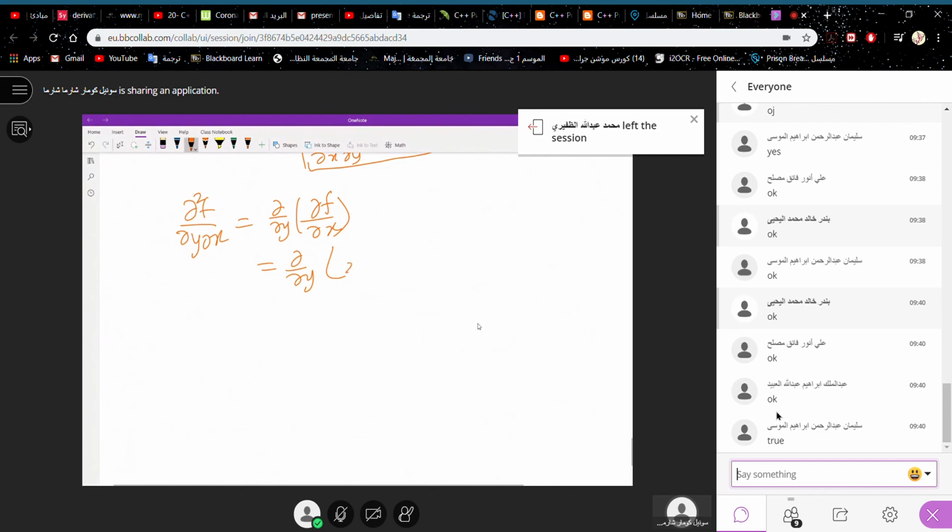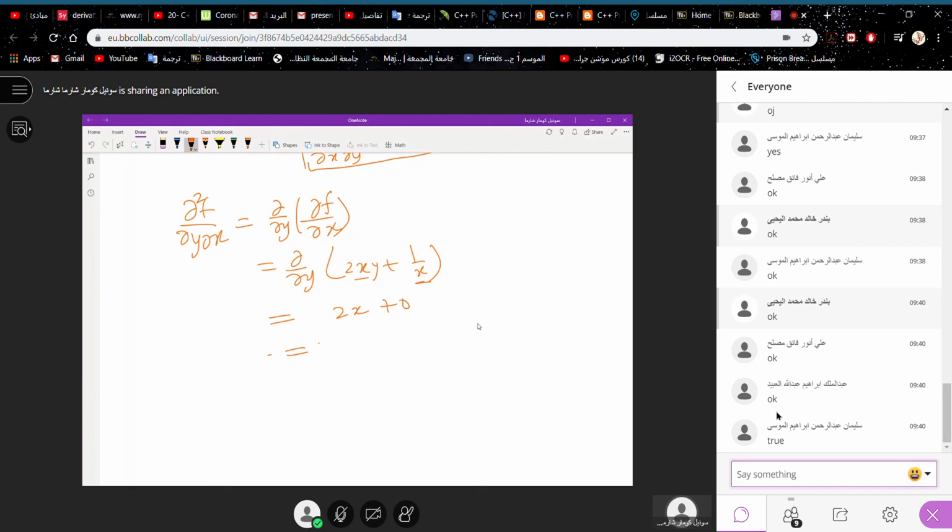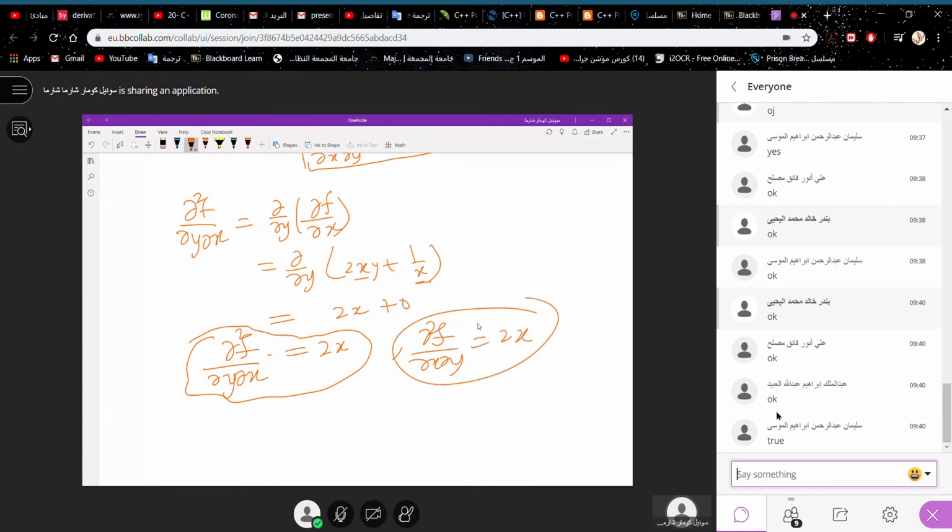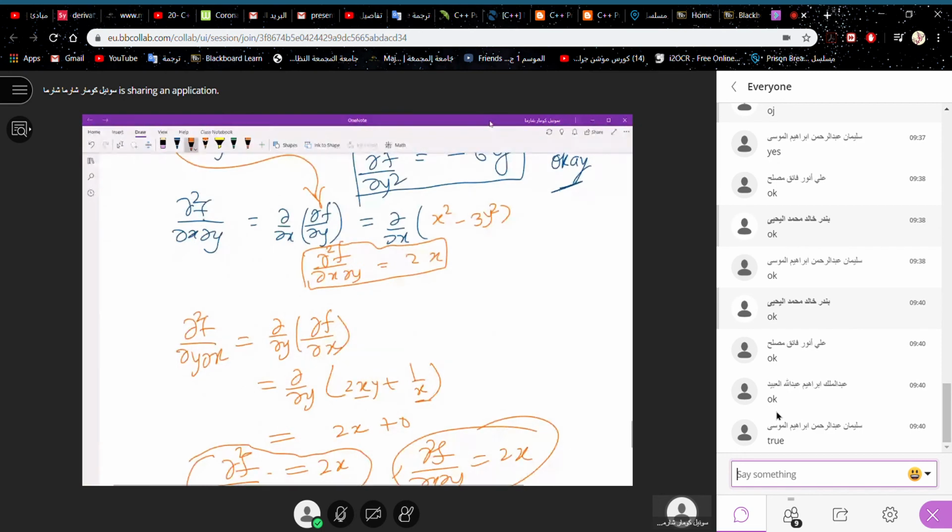With respect to y, its derivative is how much? 2x, and it's 0. So this is how much? 2x. And earlier your del 2 f upon del x del y equal to how much? That is also 2x. You can see from here. This is how much? 2x.